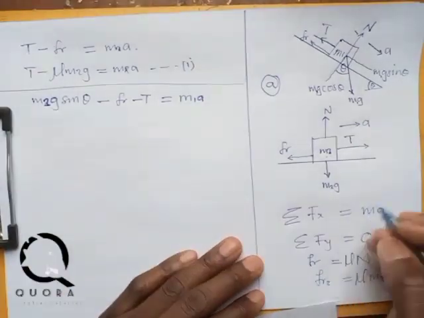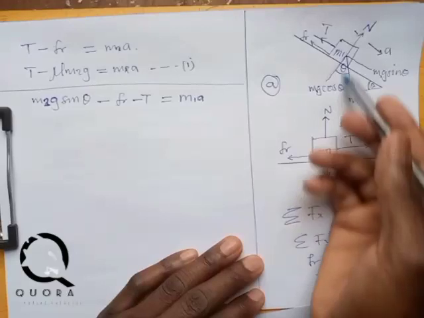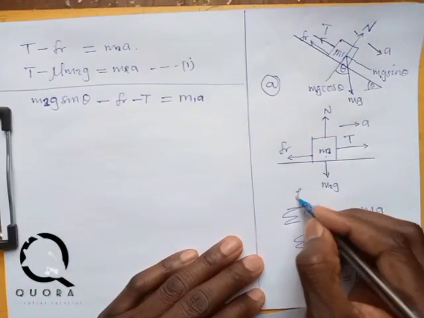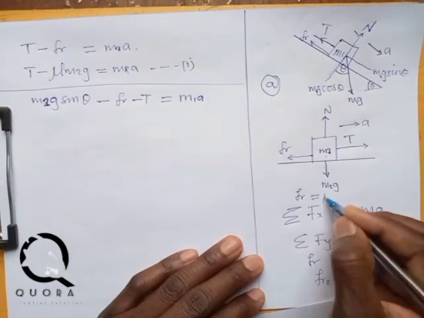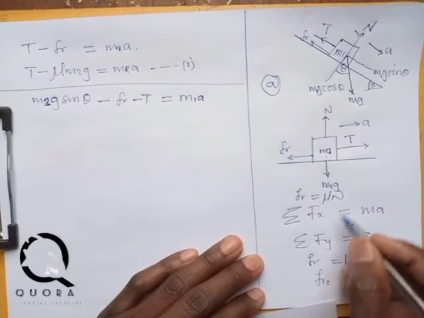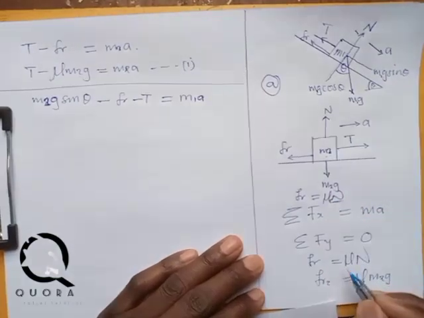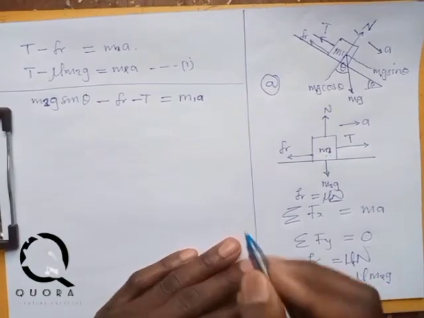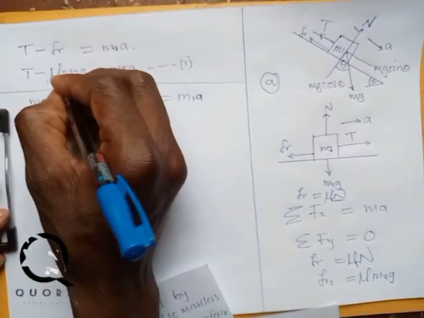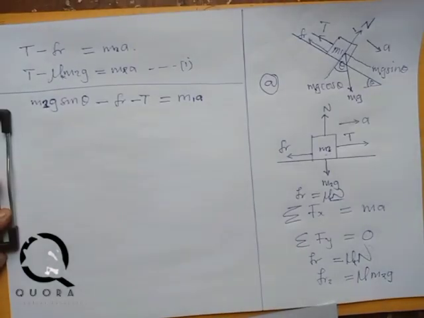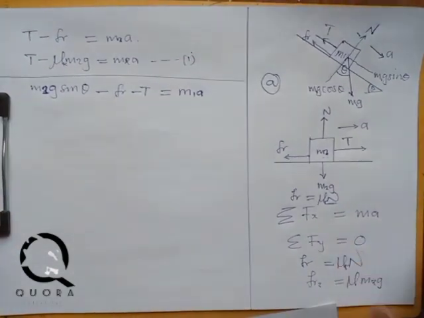But again, for friction force, you have to be very, very careful how to come up with the friction force. Friction has to be equal to mu normal. So what is this normal force? And this mu has to be K for both of these. Even here, it must be K, because that is the coefficient of kinetic friction.